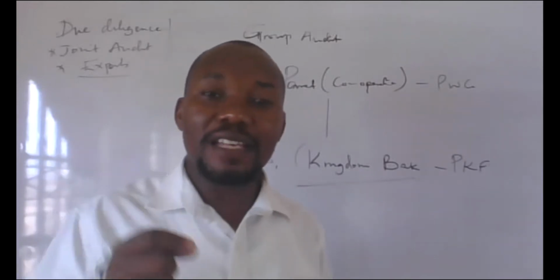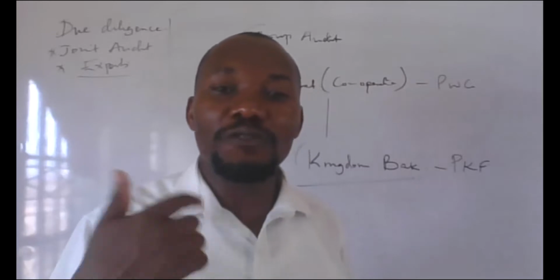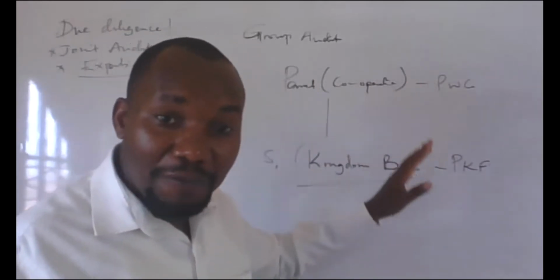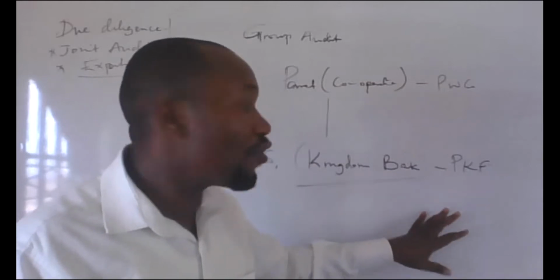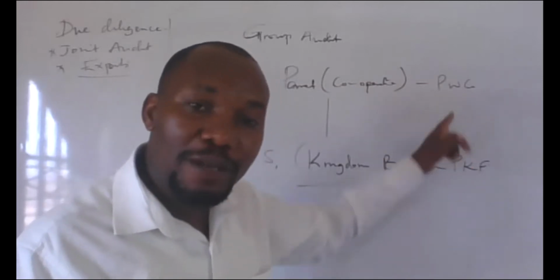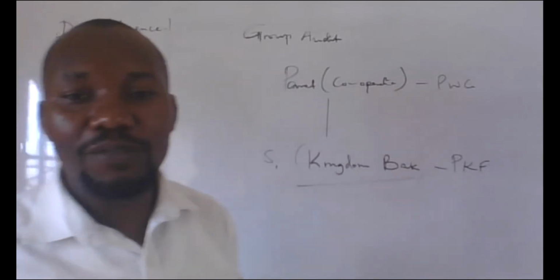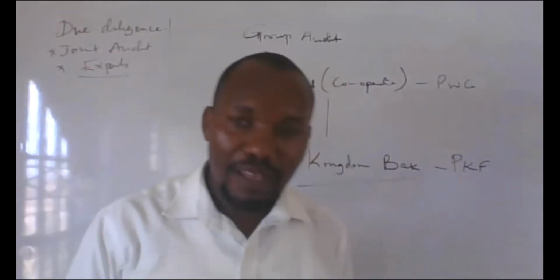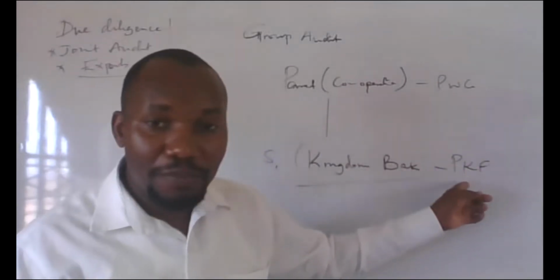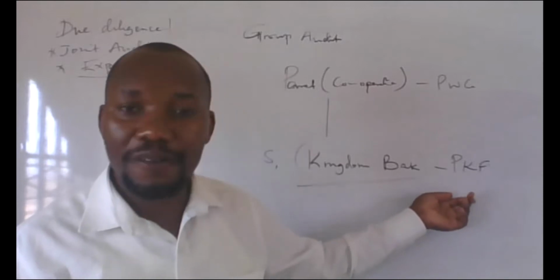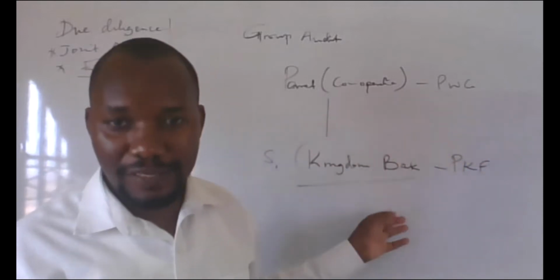In exam, they might ask you, what are the advantages of joint audit? An audit where PKF staff have come or perform the work jointly with PwC. What are the advantages? Number one, you can write there, when these guys join this team, we already have an existing firm, that is PKF, and then PwC joins.